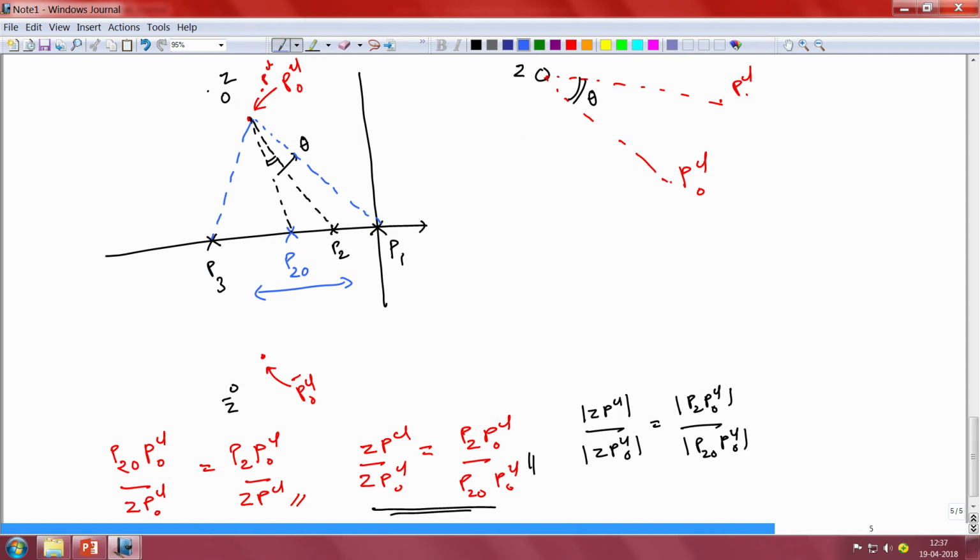So the point P2 can vary anywhere between the points P1 and P3, and therefore it describes a triangle PCL naught P1 P3. Now as this point P2 wanders about, the closed loop pole PCL wanders about in such a manner that the triangle that it describes with respect to the point Z, let me call this point as PCL max and the other extreme as PCL min.